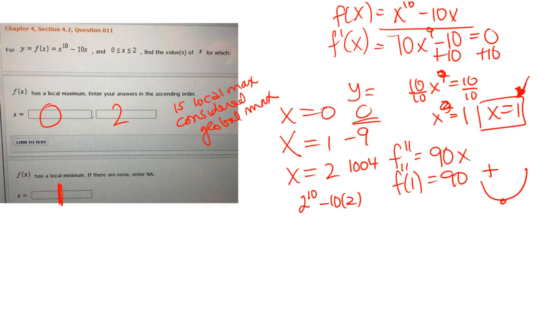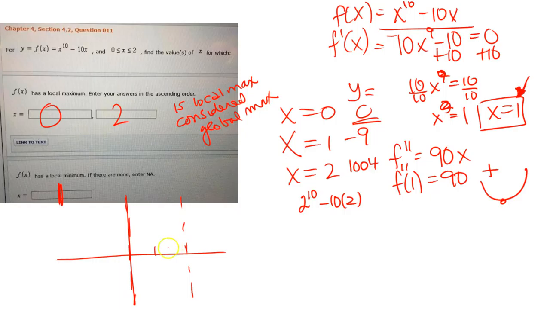So if I look at the graph of this thing for a second, let's see what this graph looks like. And my interval is from 0 to 2, right? I'm afraid I don't have the right thing. Let me get the right thing in there. x raised to the 10th minus 10x. So now we're going to graph it.